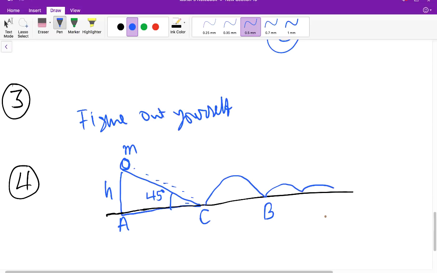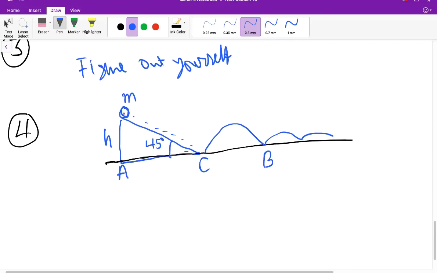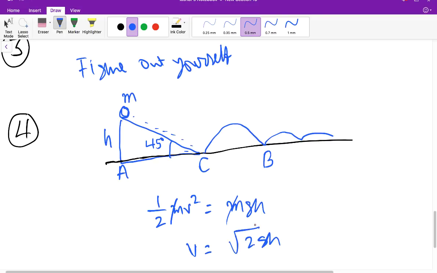Now since the ball falls from here, when it comes down to the ground here, by conservation of energy, half m v square, where v is the velocity here, should be equal to mgh. Now cancel m on both sides, then v should be equal to root 2gh.